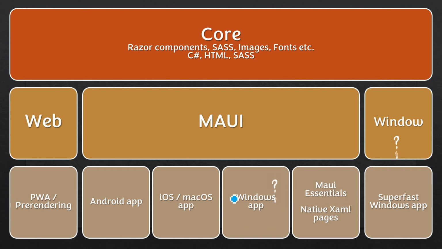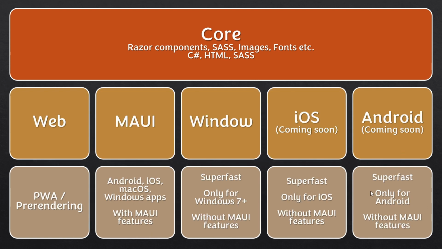If a Maui-based project also provides a Windows app, what purpose does a standalone Windows project serve? Well, the Maui project's Windows output is only compatible with Windows 10 and 11, while the Windows project's output runs on Windows 7 through 11. Despite being lighter, the native Windows project offers faster performance compared to the Maui-generated Windows counterpart.